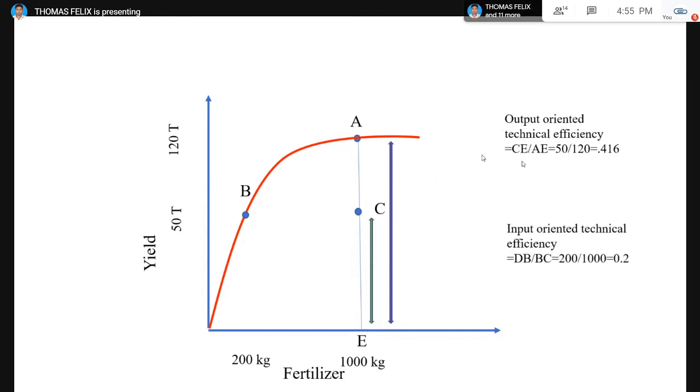As I said, there is another case, that is input oriented technical efficiency. That is how we measure the input oriented approach. The input oriented approach is that we can get the same yield by reducing the input. At point B, he gets the yield of 50 tonnes, but he is using 200 kgs of input.